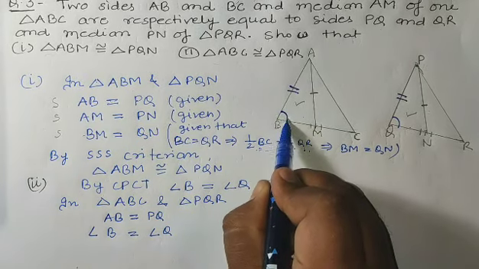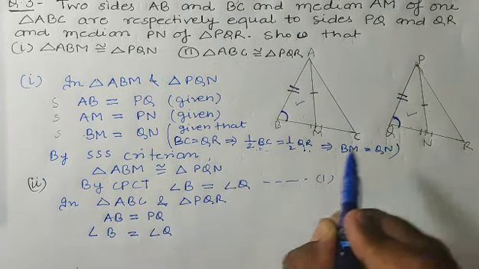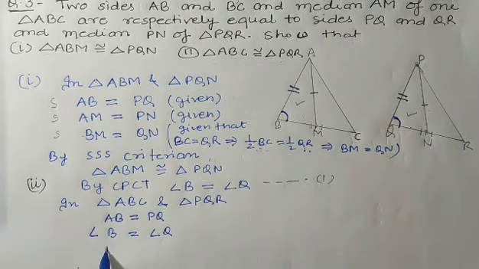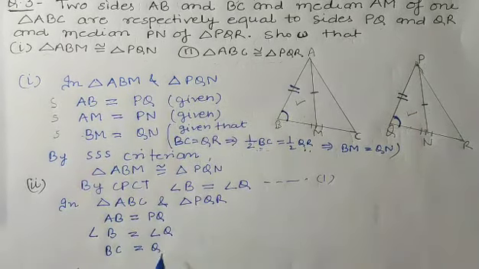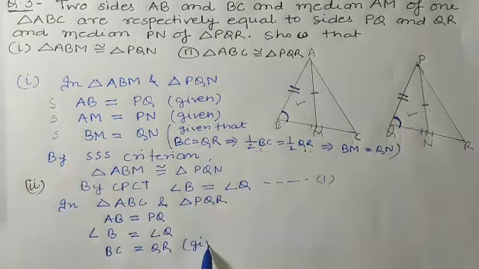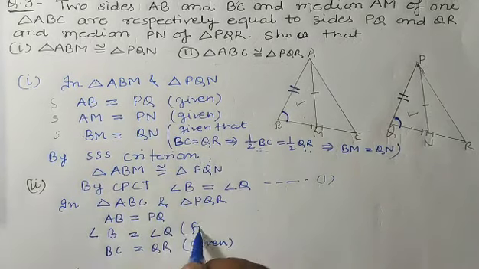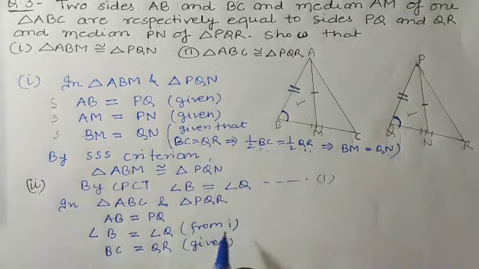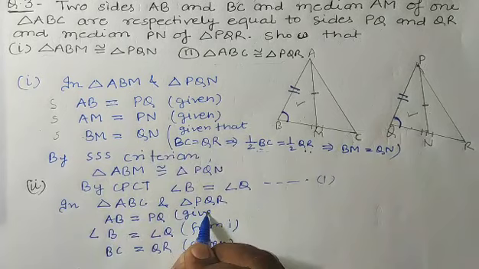After that, we have shown that this angle is equal to this angle. And after that, BC is equal to QR. It is given, and it is from 1.